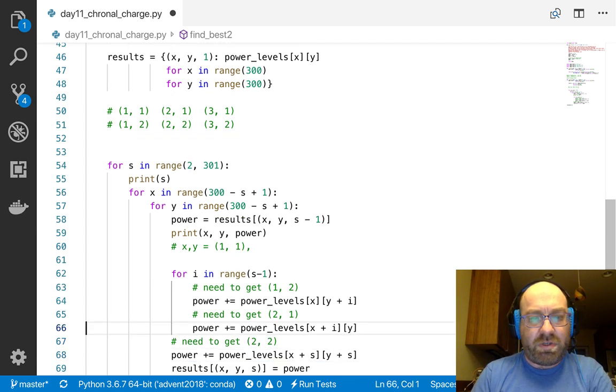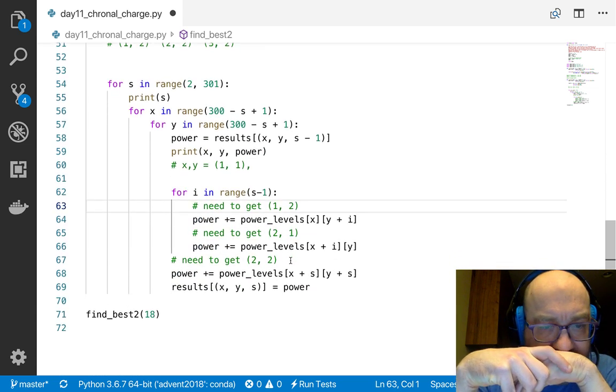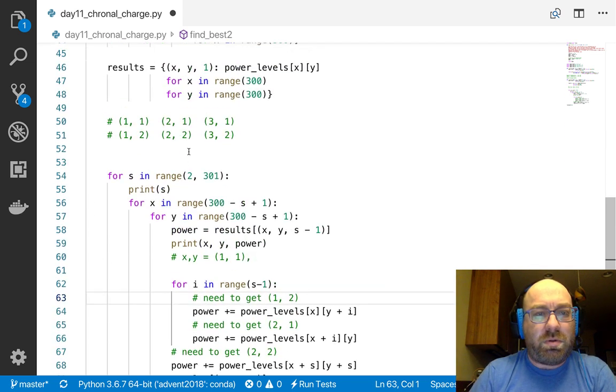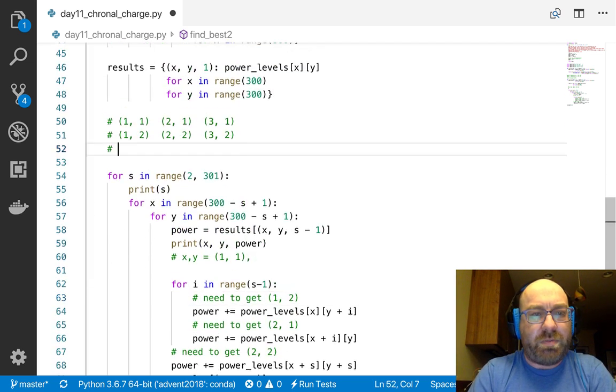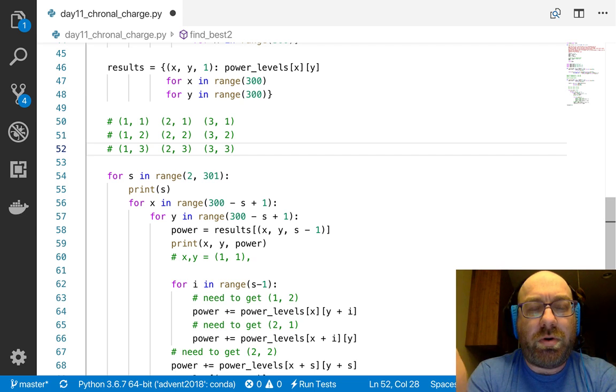So let's figure that out. And you know, let's say I had 1, 1, 1, 2, and maybe that's a better one to think about because let's say I had both of these. So this is 1, 1, 2, 1, blah, blah, blah. So I want to go up to 3.